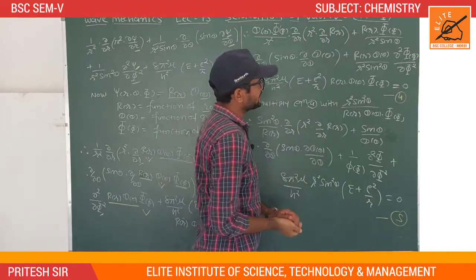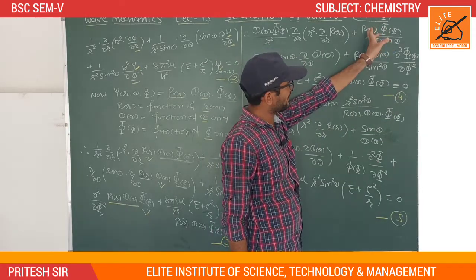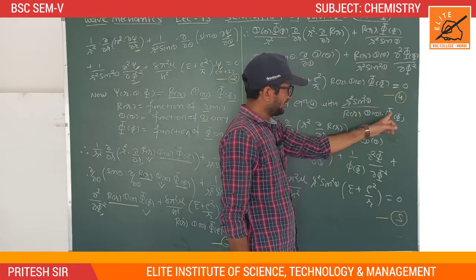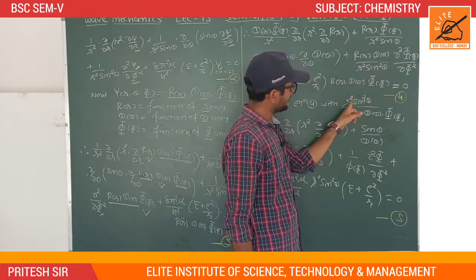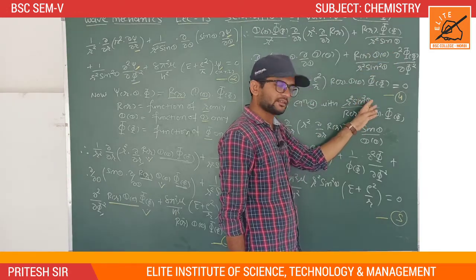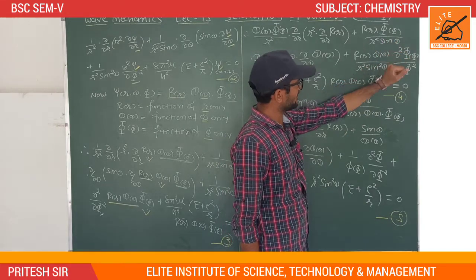Plus here in this case, r of r and phi of phi both cancel out, and r square cancels out. Sin square theta divided by sin theta, so at that time one sin theta is also cancelled.